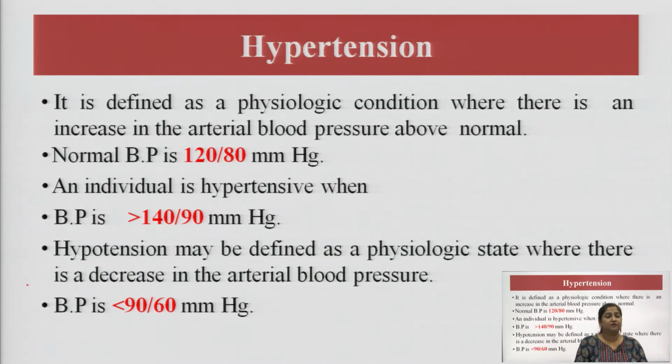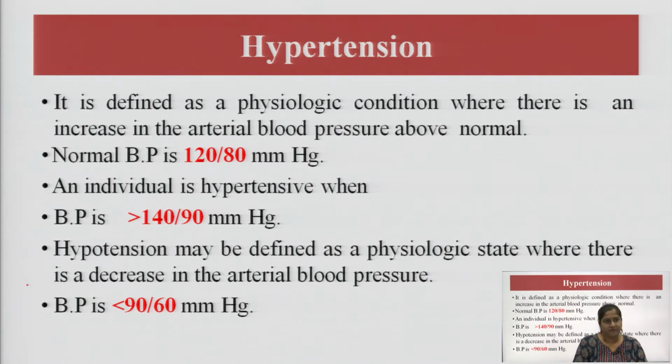So, if there is an increase from the normal blood pressure, then it will be called hypertension, and if there is a lower blood pressure than the normal suggested range of BP, then it will be called hypotension.